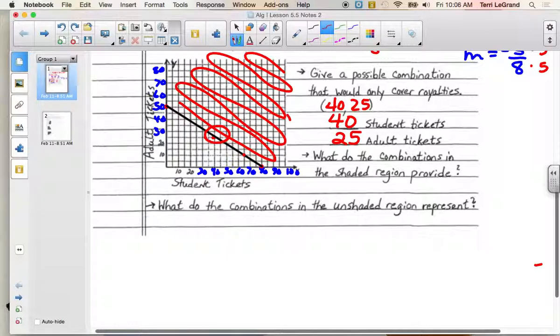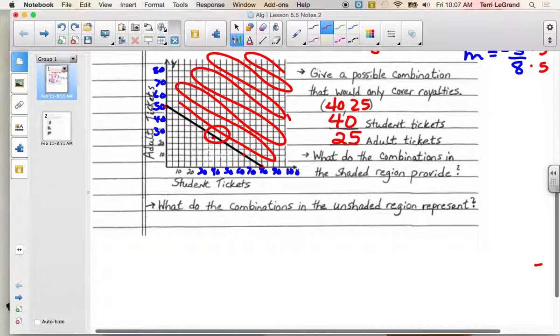What is 10 times 8? 80. What's 325 plus 80? 405. So even though it looks like it's going through ordered pair 65, 10, is it? No, because it gives us a little bit more than $400, doesn't it?